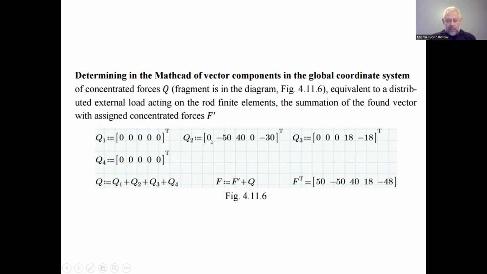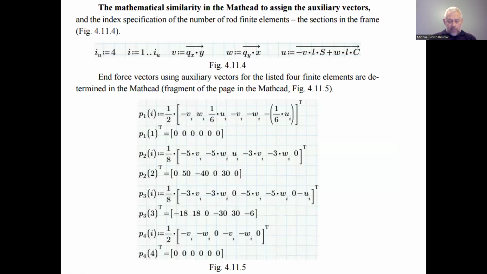And we have the concentrated forces: the horizontal force in the second node, I'm sorry, not longitudinal but horizontal force, and the vertical force. This is the same as the end forces acting on the elements of the mechanical system, but with another sign.